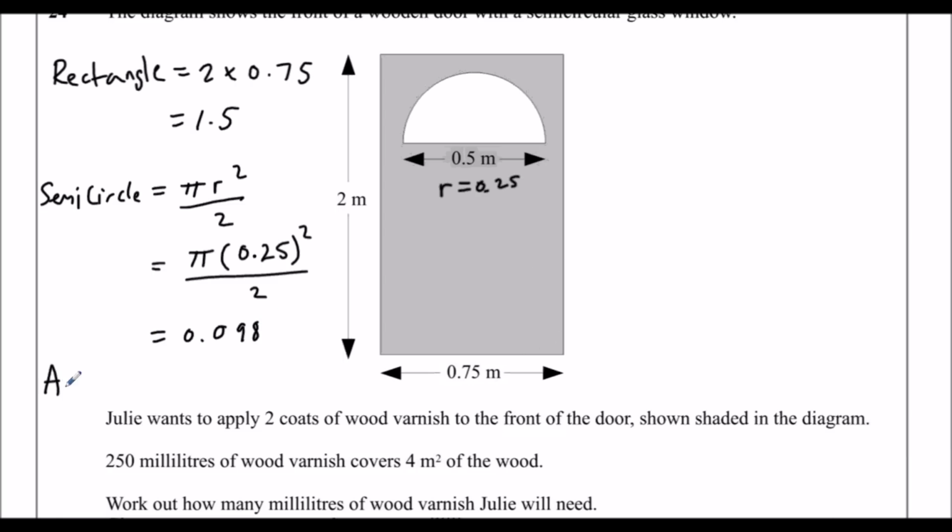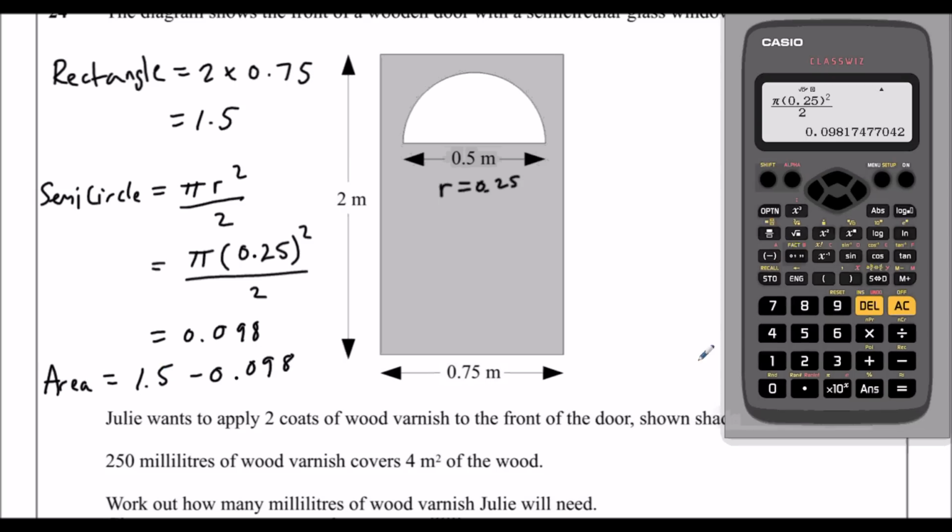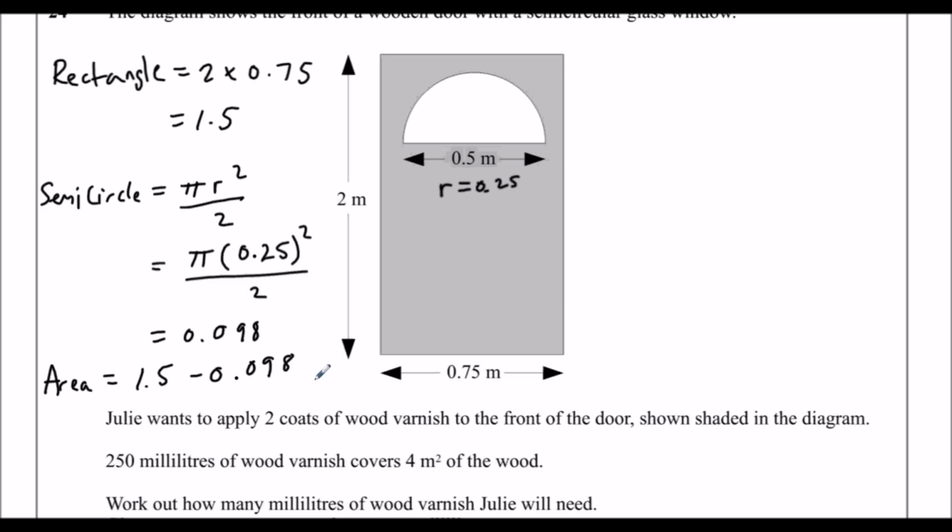So the shaded area is 1.5 minus 0.098. 1.5, take away the answer, is 1.402 meters squared. That's the area.